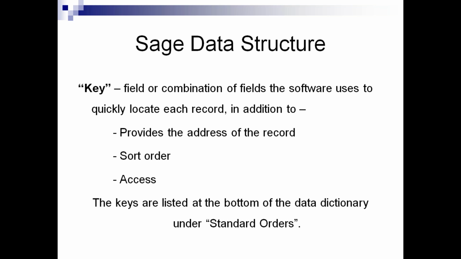Now, one thing about these orders or keys to those records, they do quite a few things. One is, this is what the software uses to find these records quickly. It's kind of like an address to where that record resides inside the data file.